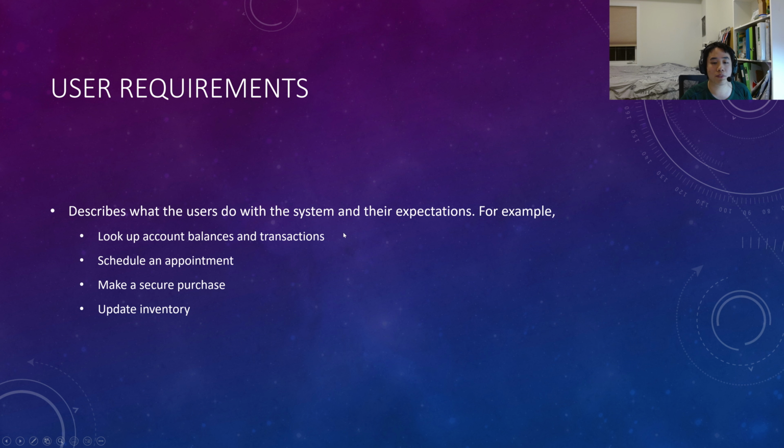They should be able to maybe schedule an appointment by clicking a few buttons. Maybe they should be able to pay by credit card, or for the people using an inventory app, they should be able to update their inventory, like ordering more items in the inventory, or making new products, or making new inventory items.